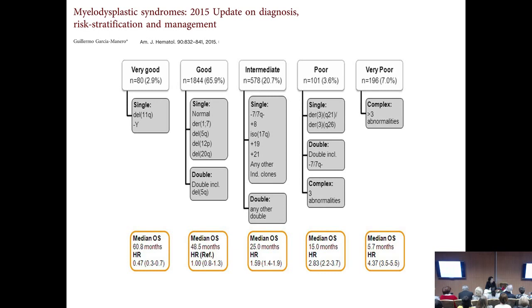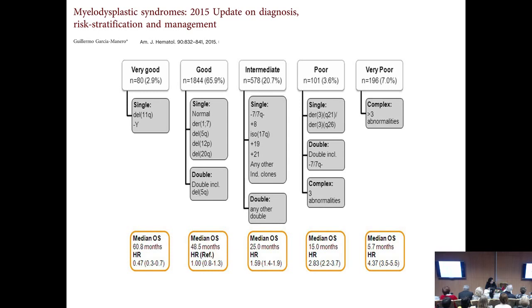Then the prognosis is good, and this is the reason why the WHO classification has been revised and isolated deletion 5q is not requested anymore, but you can combine it with a second chromosomal abnormality. Then there are single chromosomal abnormalities with an intermediate risk, and then there are some chromosomal abnormalities with a very good prognosis.